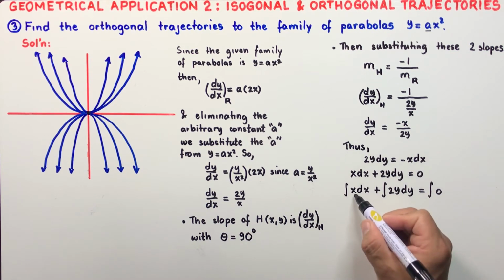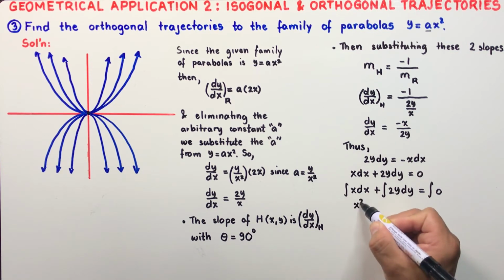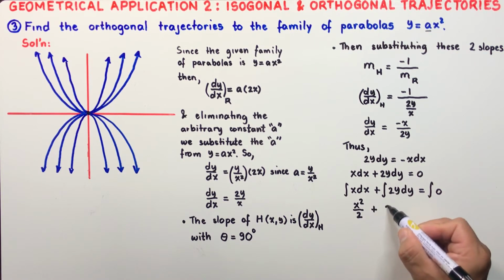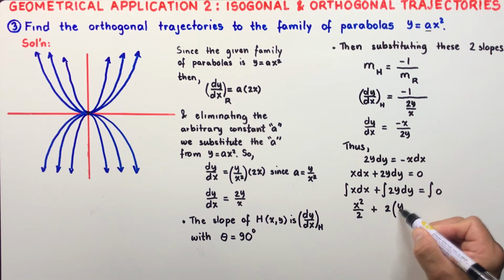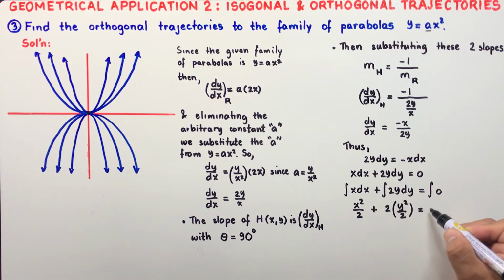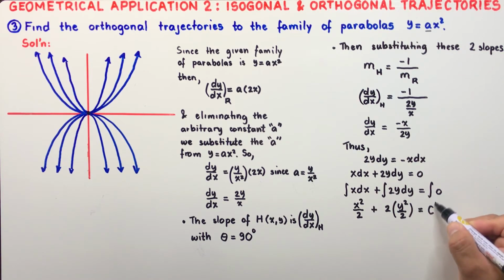Now we know that the integral of x is x squared over 2, and the integral of 2y is 2 times y squared over 2, and the integral of 0 is some constant c prime.